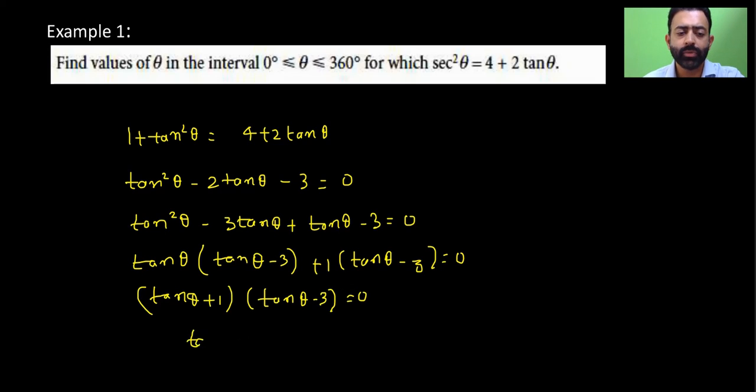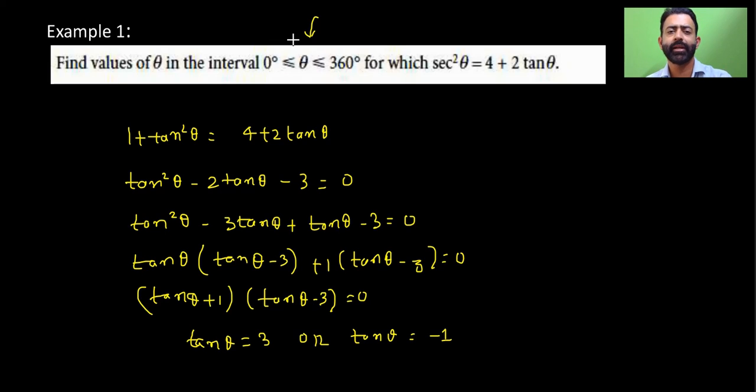So I have two equations, which is tan theta equal to 3 or tan theta is equal to minus 1. For these two equations, remember, I can take theta both in the positive quadrants and in the negative quadrants. Tan theta remains negative in the second and fourth quadrants, so those angles will also be introduced corresponding to each equation.